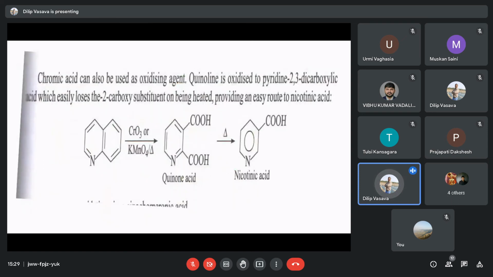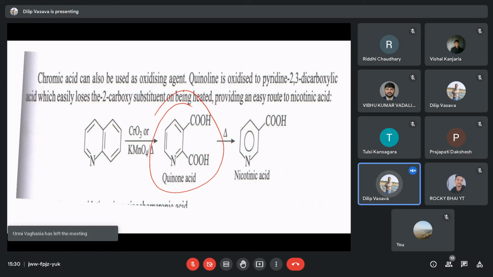Now chromic acid is also a good oxidizing agent, and quinoline is utilized along with the chromic acid. So it gives the complex with pyridine 2,3-dicarboxylic acid, and now it is converted into nicotinic acid by heating.